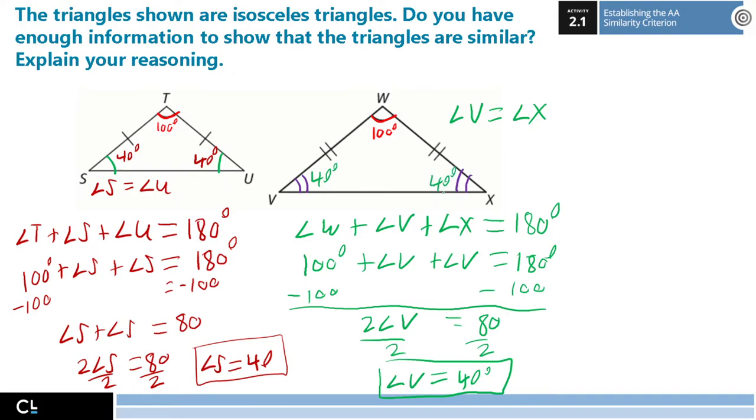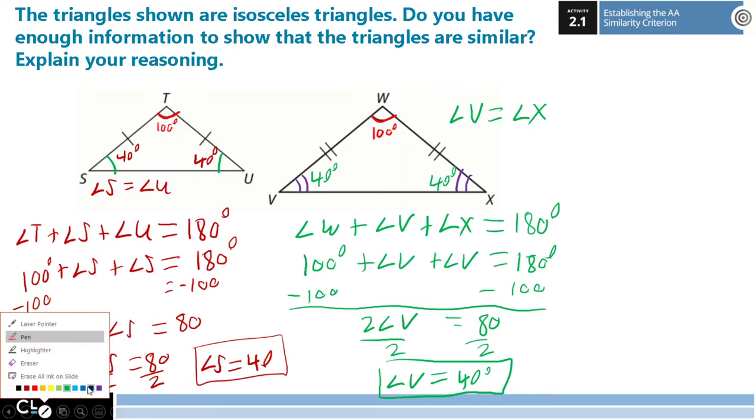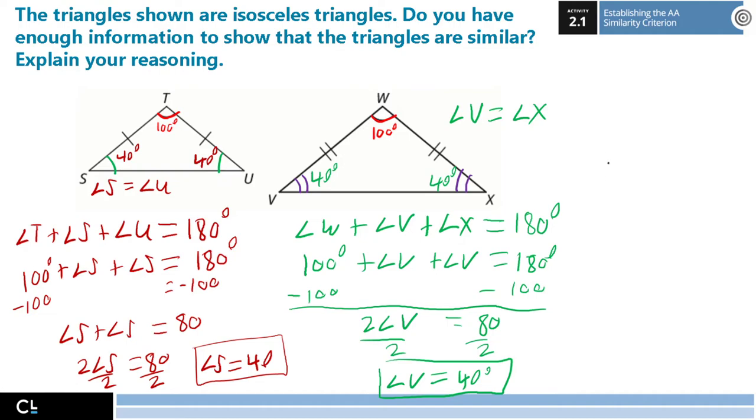And what do we have? We have that angle, right? So we can now say by angle similarity, actually I'm going to shorthand it. Angle similarity, triangle CUS is similar to triangle WX.